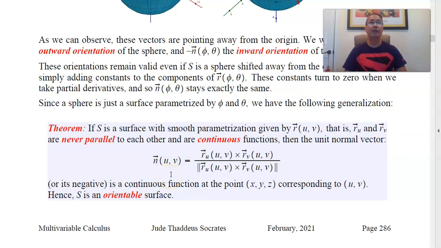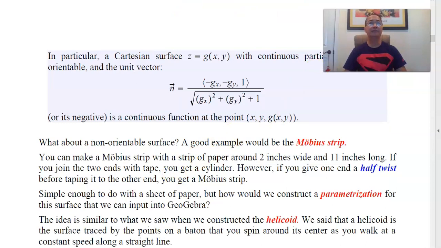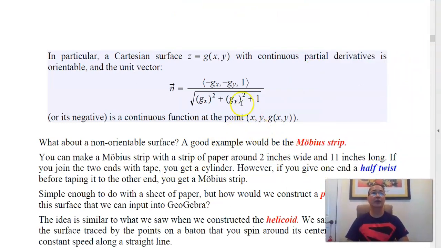Now we also looked at Cartesian surfaces where, let's say, z is a function of x and y, and we said that the cross product of gx and gy is minus gx, minus gy, 1.